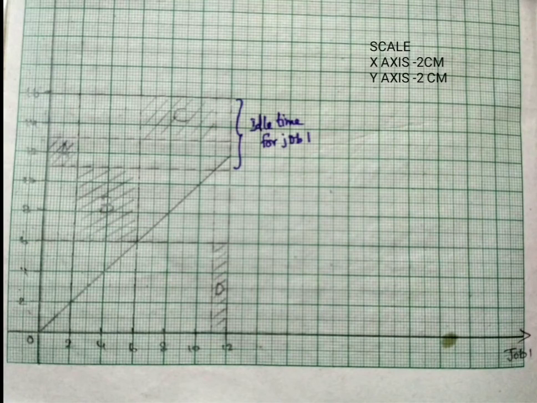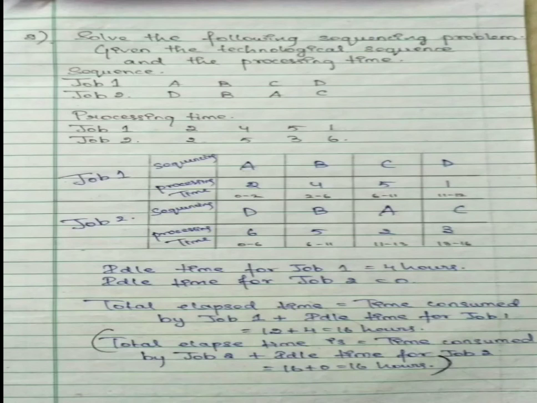For here the idle time will be: we have one full box and the remaining will be another full box. One box will be 2, the other box will be 2, which means 4. So here the idle time is 4 hours. Similarly for job 2 the idle time will be 0.